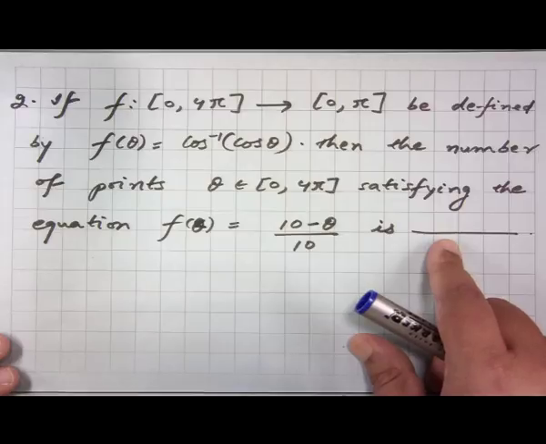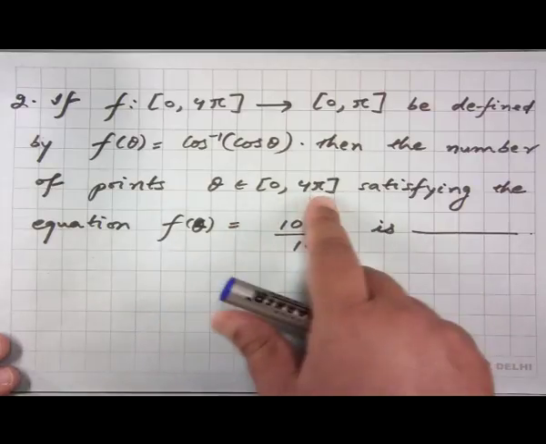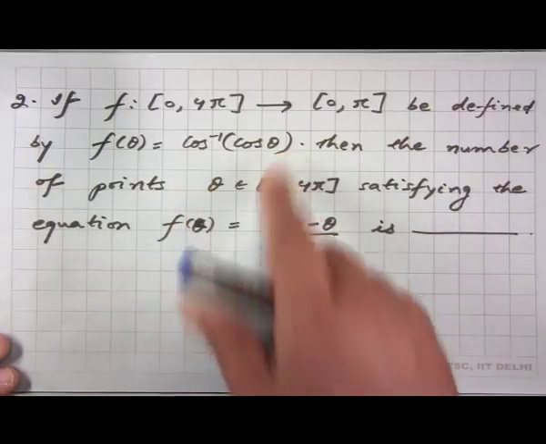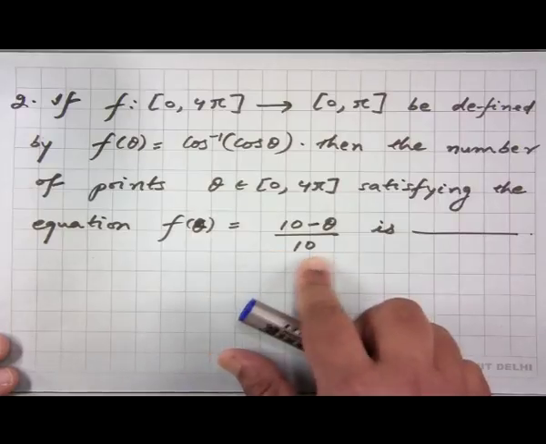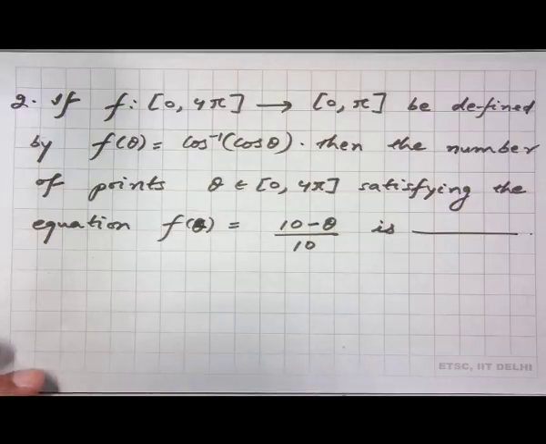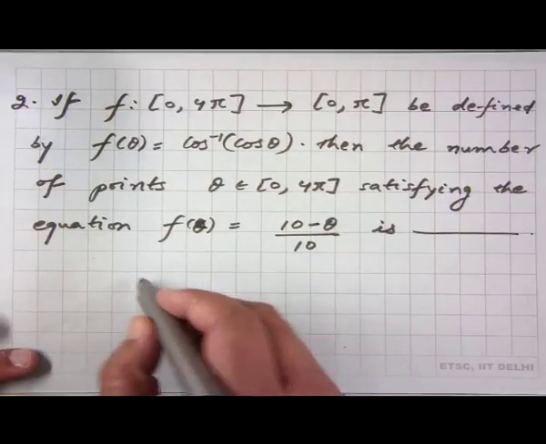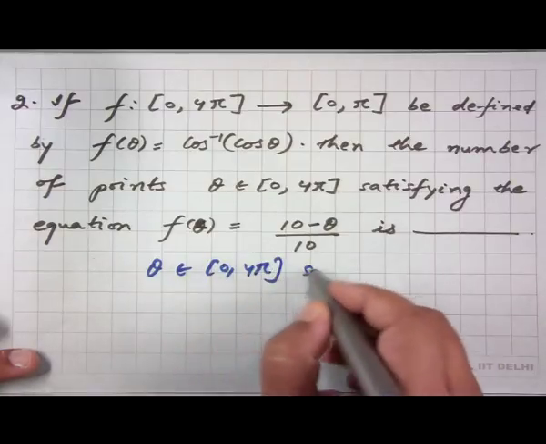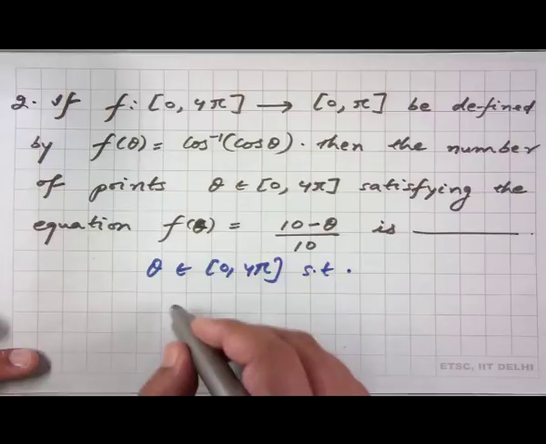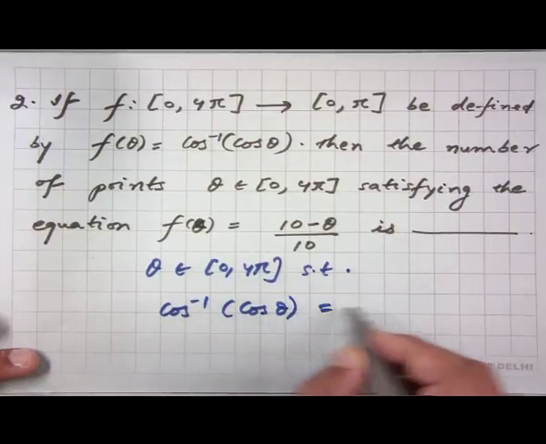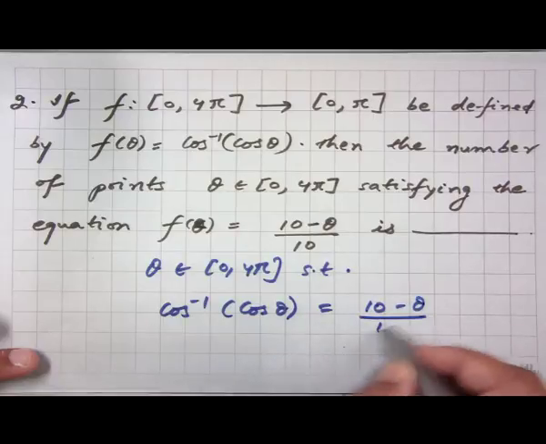So, we have to essentially find how many thetas are there in this domain of the f function such that f of theta is equal to 10 minus theta over 10. So, essentially we need to solve for all theta belonging to the interval 0 to 4 pi such that cos inverse cos theta equals 10 minus theta over 10.